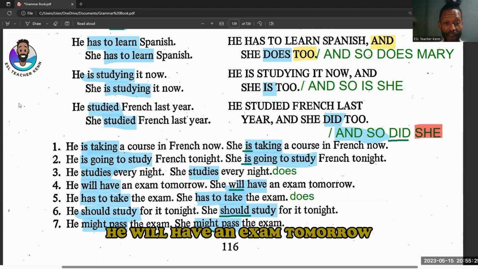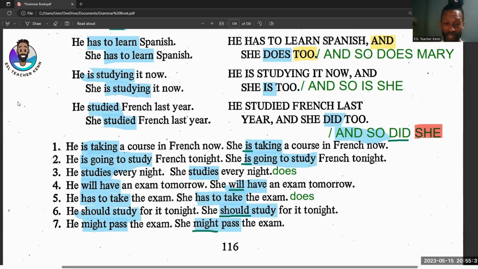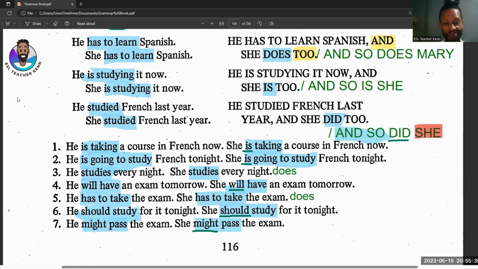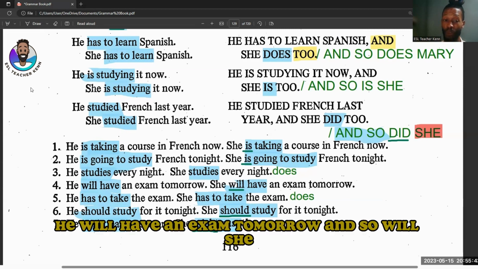He will have an exam tomorrow. She will have an exam tomorrow. He will have an exam tomorrow, and so will she.